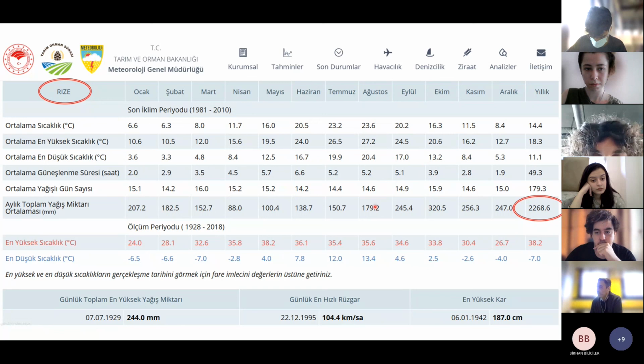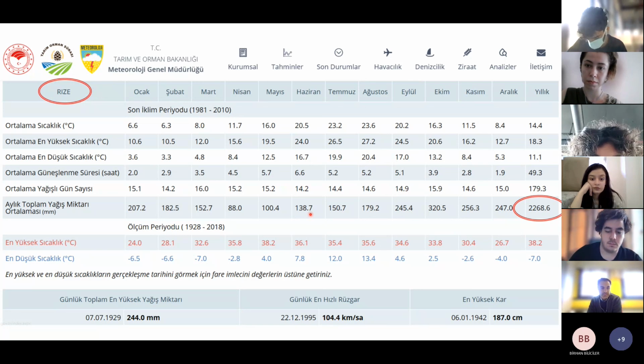What does it mean? It means that, for example, in the month of Haziran, Rize province received 138.7 millimeter of rainfall on average over those 20 years.